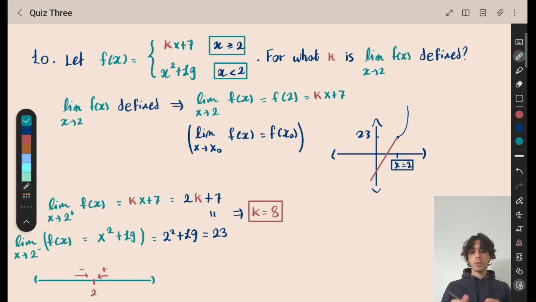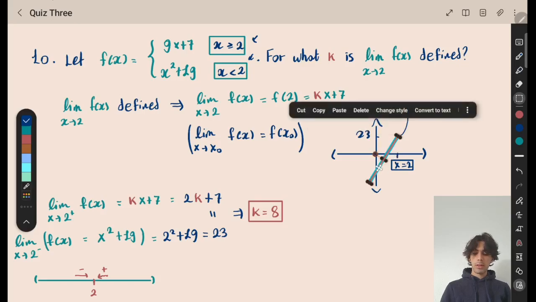Let me give you an example of this. Maybe I'll put 9x plus 7, so I don't put 8. And then you're asked in the exam, is this function continuous or not? Then you have to look at the limit as x tends to 2, because this is a possible discontinuity. And then you take the limit here, you take the limit there, from the left, from the right. You get that actually, this is not the case.